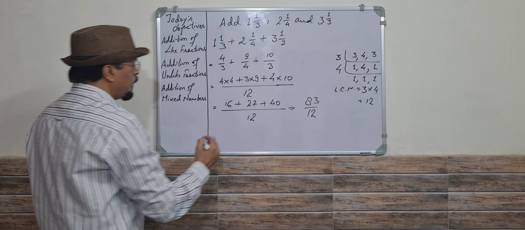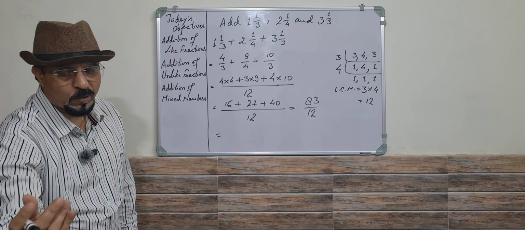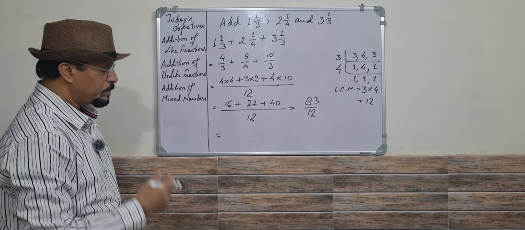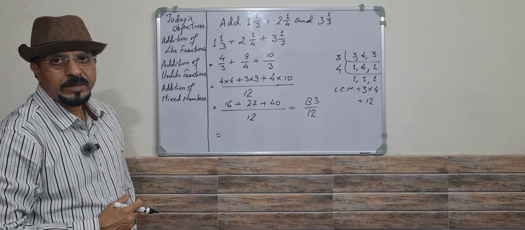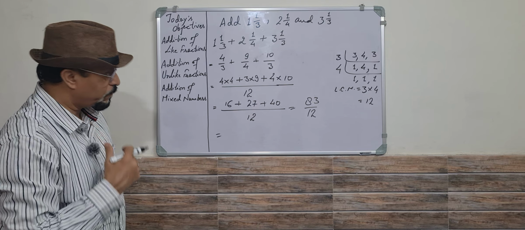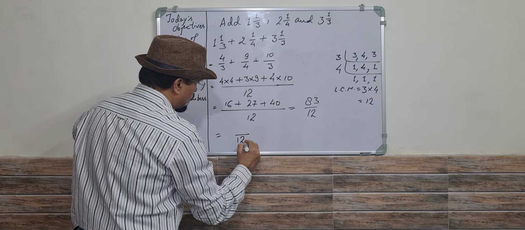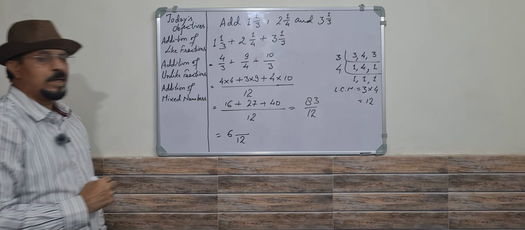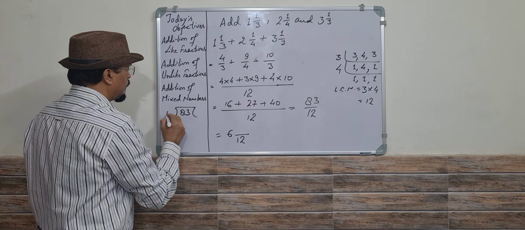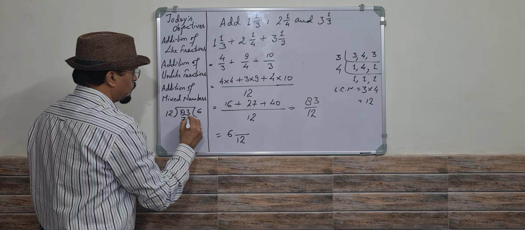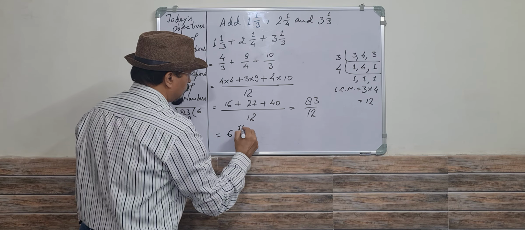So we will simply convert it into a mixed number. I hope you know the table of 12. So 12 5s are 60, 12 6s are 72, and then 12 7s are 84. So 84 is greater than this. 12 6s are 72. The remainder is 11.